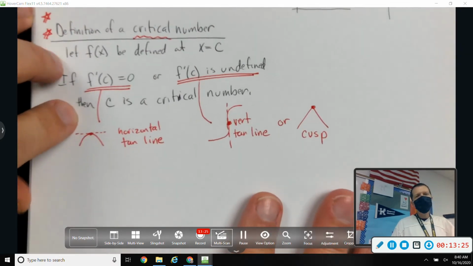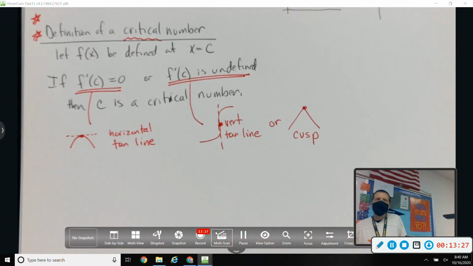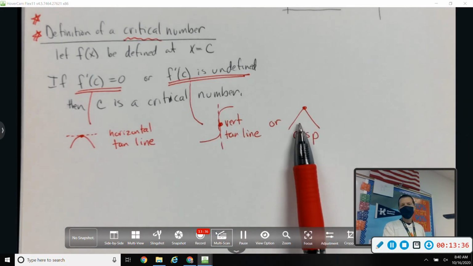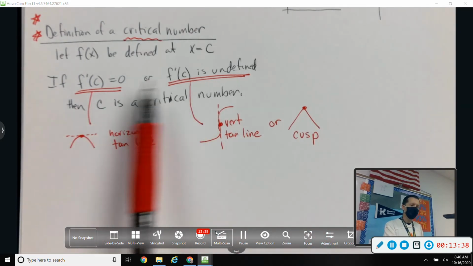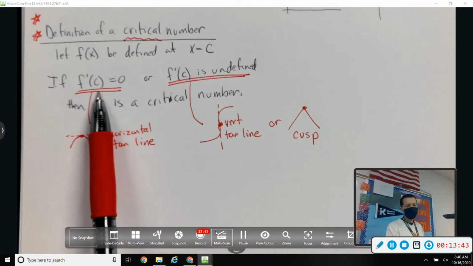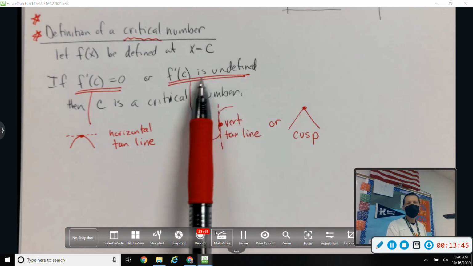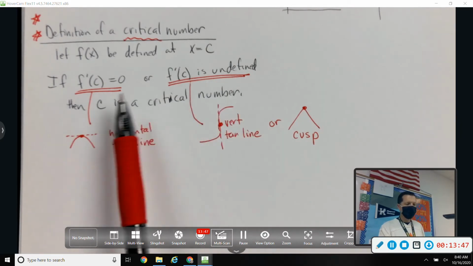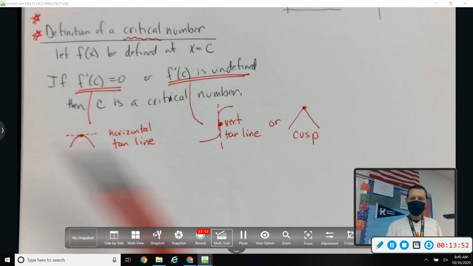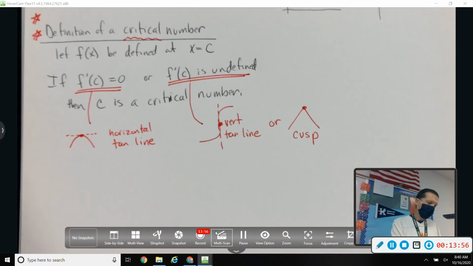So a critical number means something unusual or important is going on with the function, because you either have a horizontal tangent line, a vertical tangent line, or a cusp. So these points are important, and this is why we've set the derivative equal to 0 before, and why we've asked where it is undefined before, because those make critical numbers, and something different, strange, important is going on in the graph if we have a critical number.